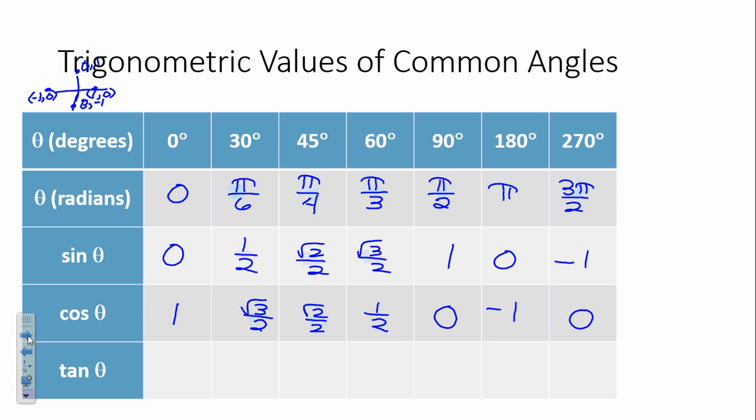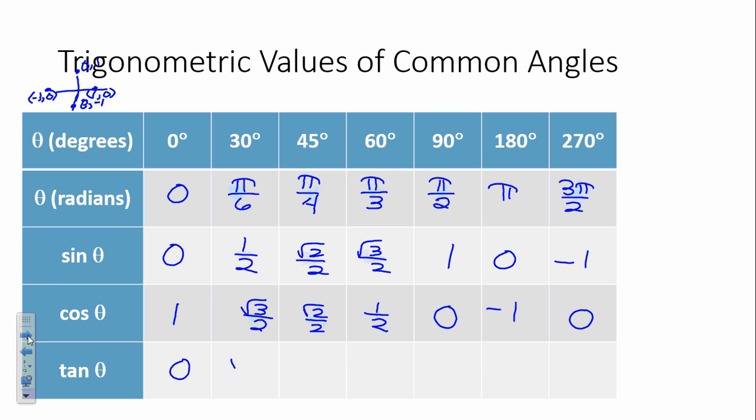Once you have that filled out, tangent is just sine over cosine if you don't want to memorize them. Sine over cosine, 0 over 1, so 0 here. For 30, sine over cosine is 1/2 over square root of 3 over 2.